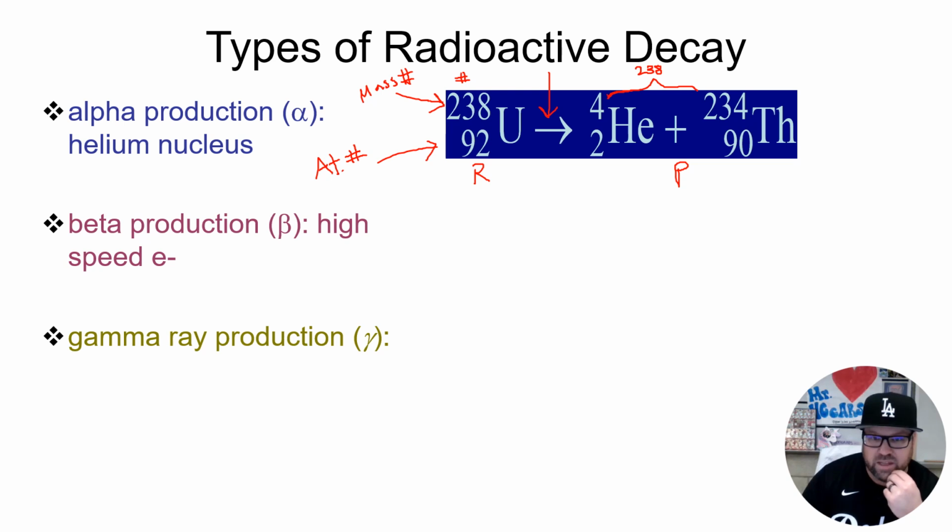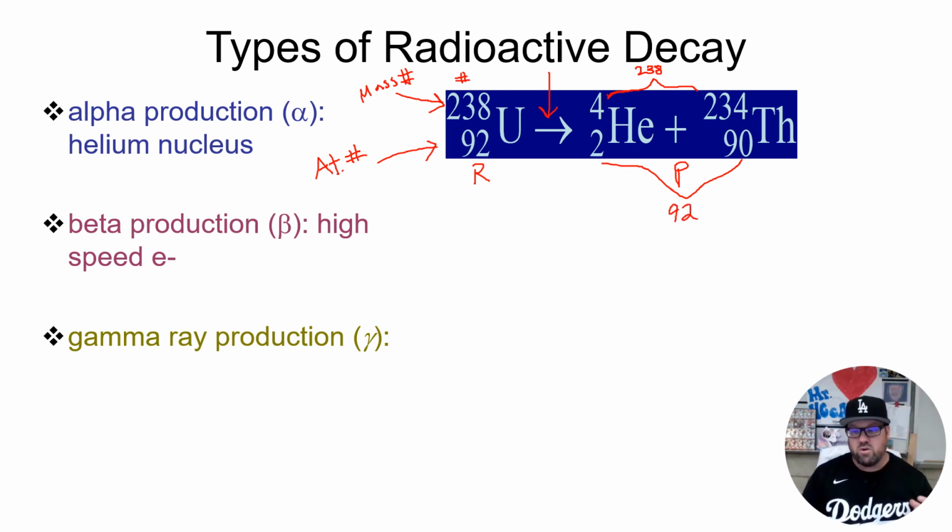Now, same thing with the atomic number. If we look on the bottom left side, this is uranium 92. Well, it's going to decay in alpha. Alpha will break off of it, and alpha has an atomic number of 2. And when we add that to the 90 of the thorium that's left behind, what do they add up to? 92.